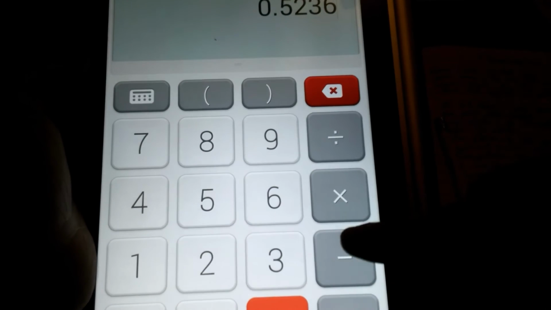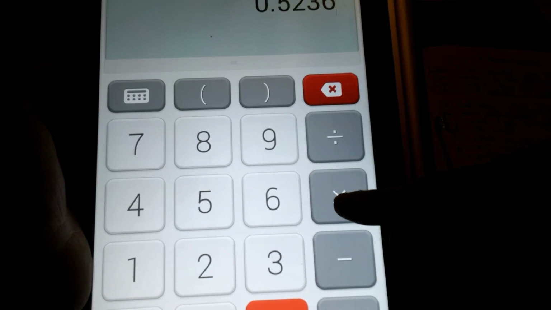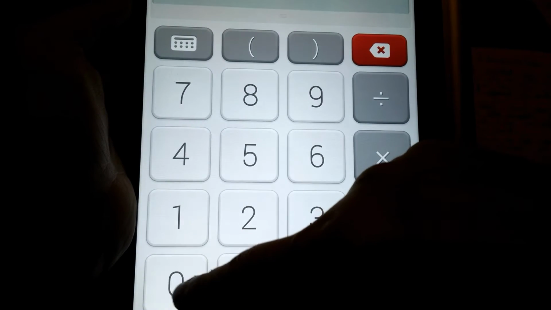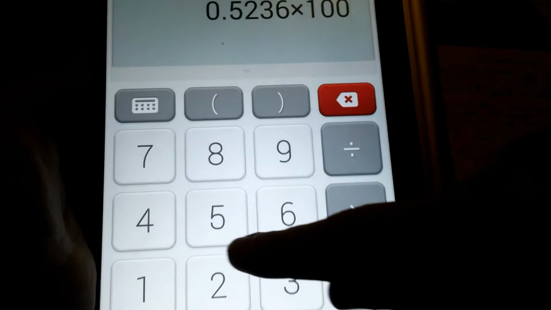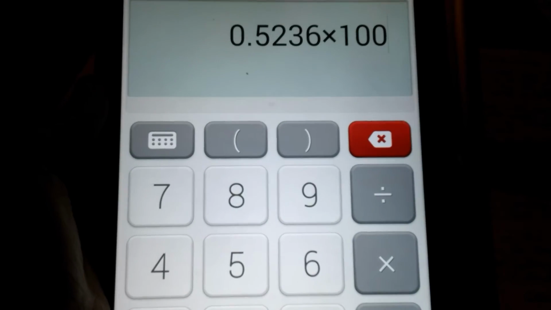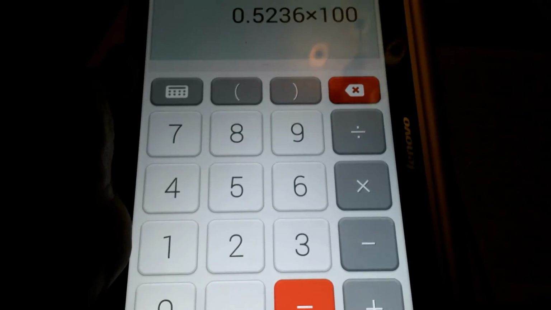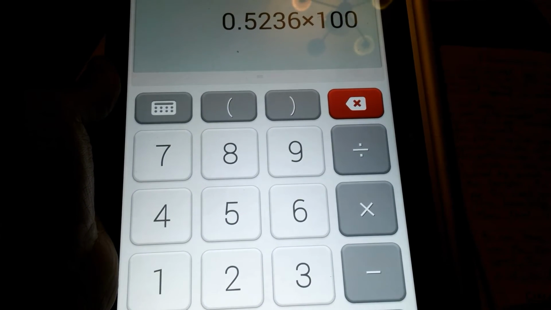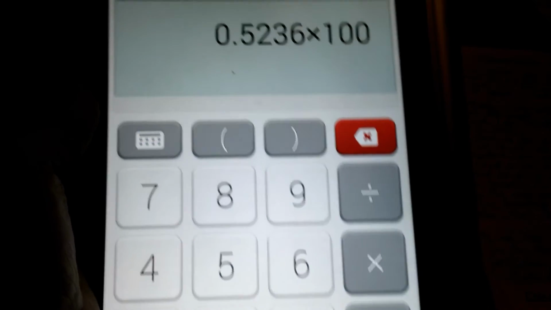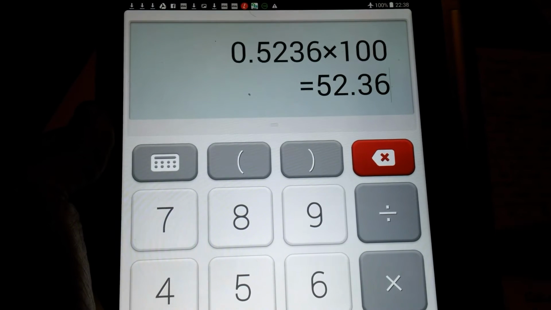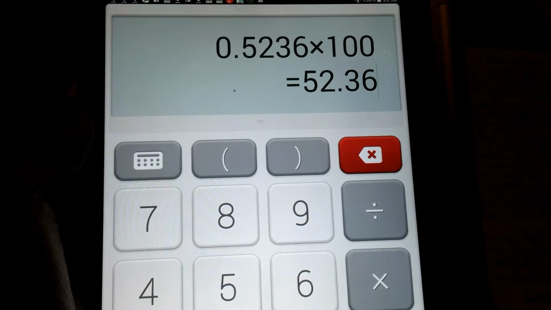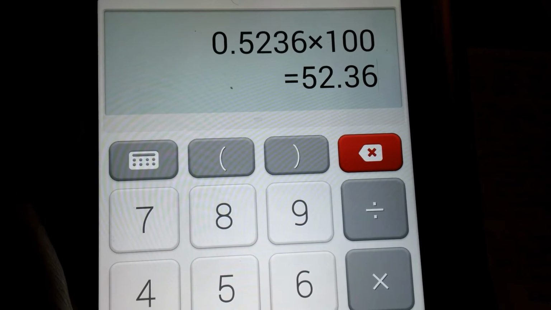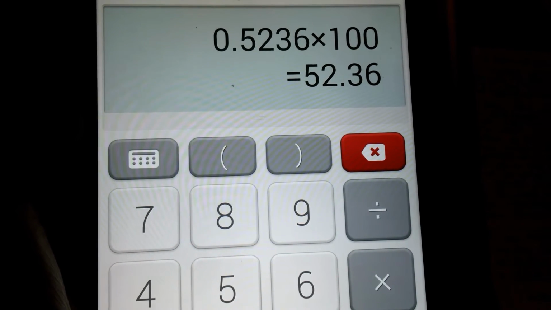So we're going to times by 100 centimetres. It's hard to see when you're looking through the camera and everything, but equals, ready? Boom. 52.36. 52.36 is the cubit. Okay?